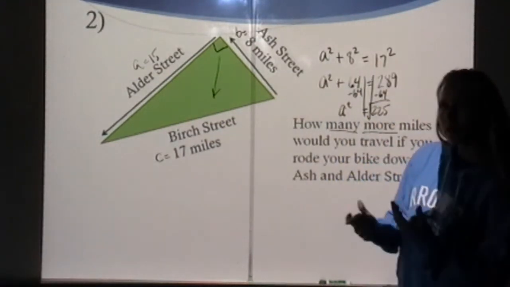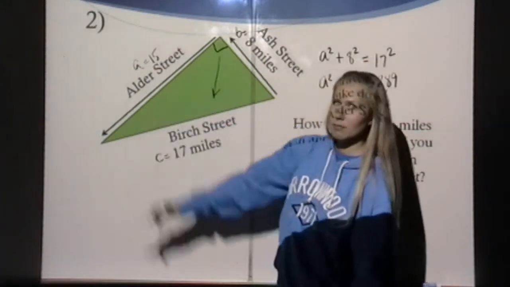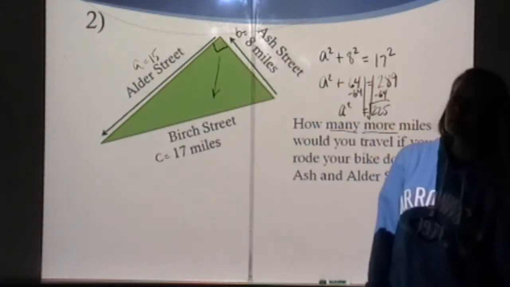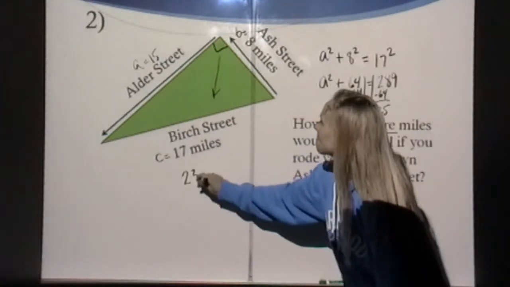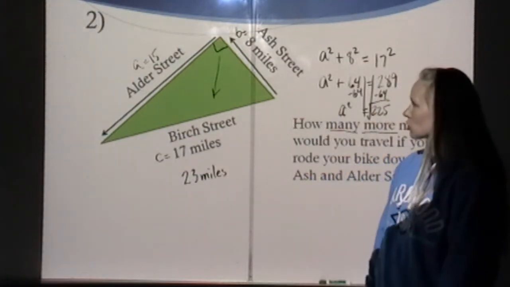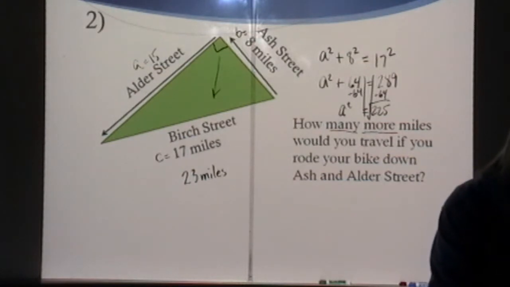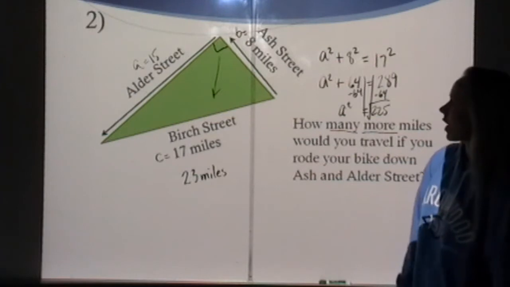So now let's figure out the distance. If I took Ash and Alder Street, I would be traveling 15 plus 8, and that's 23 miles. Now if I took Birch Street, I'd only have to go 17 miles. So they're asking how many more miles I would have to travel.